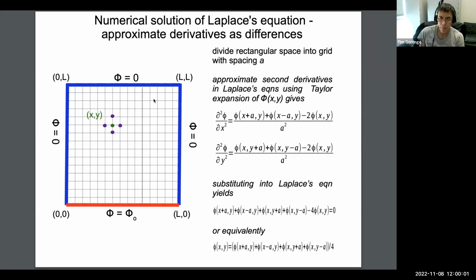So firstly, I want to outline the key ingredient in solving this problem numerically. And that key ingredient is really to approximate the partial differentials as difference equations, differences in the potentials between neighboring locations.